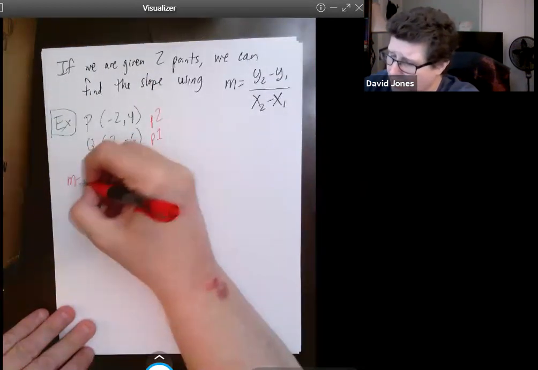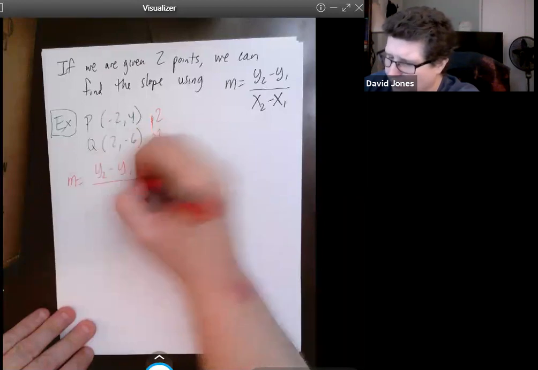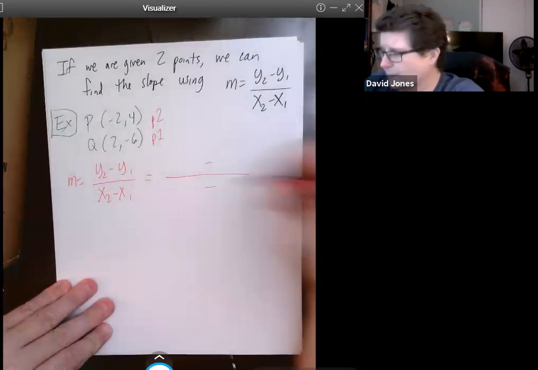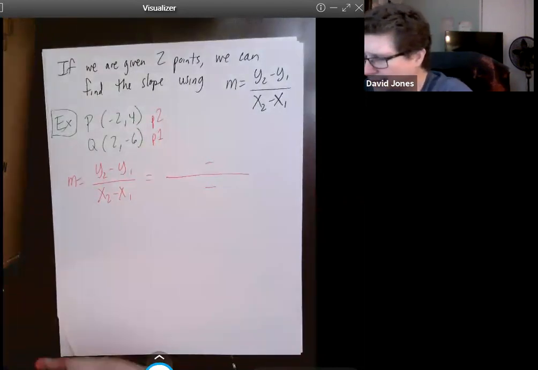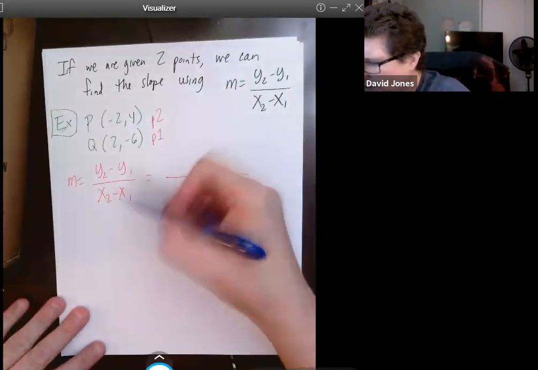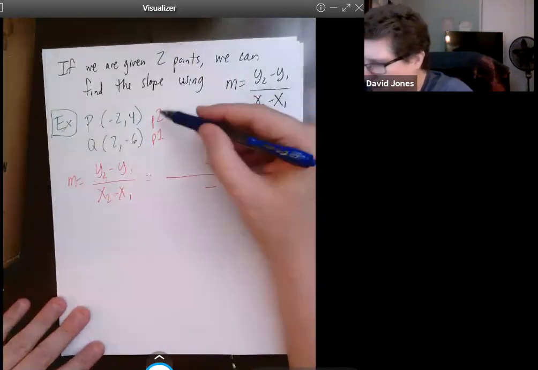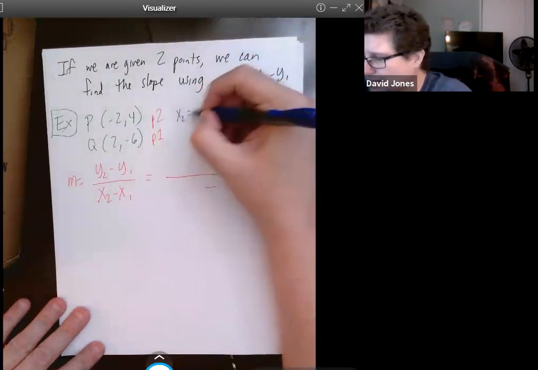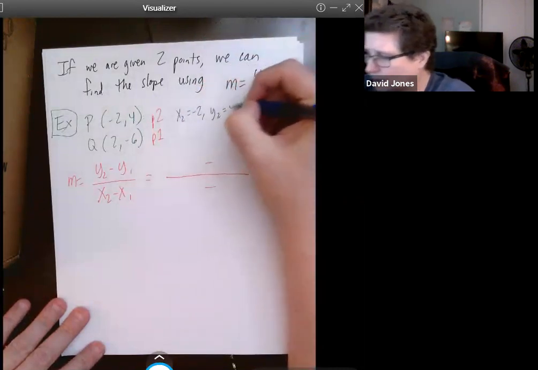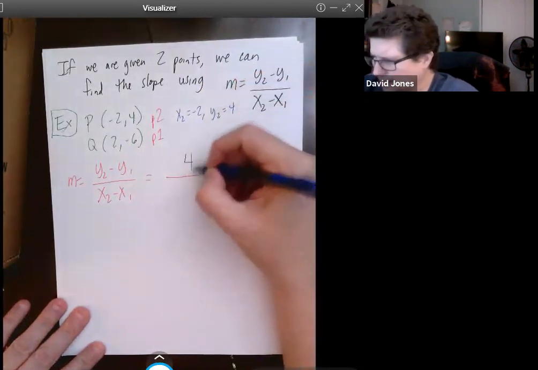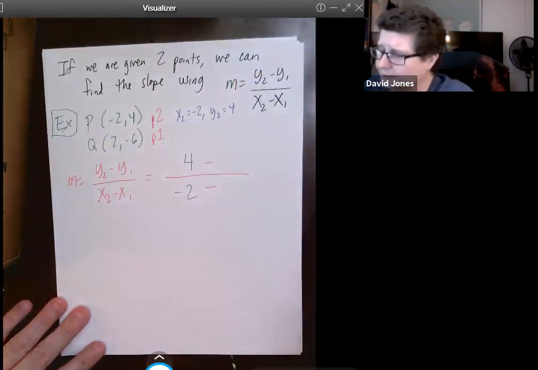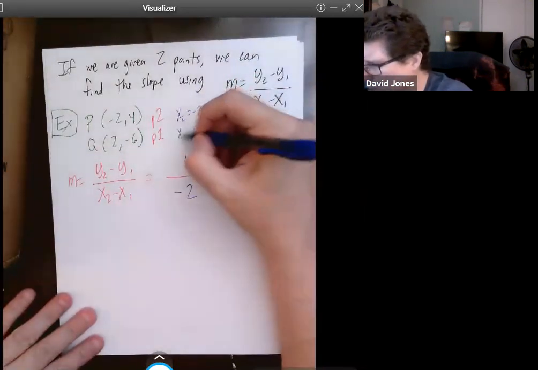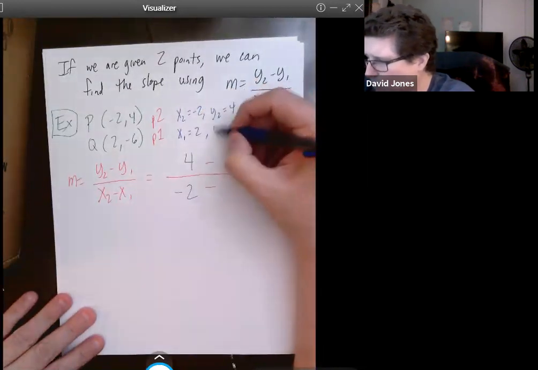So here I've got m equals y2 minus y1 over x2 minus x1. I like putting in the fraction line and the minus signs and then replacing the values one at a time. If P is point 2, then x2 is -2 and y2 is 4. The y2 goes in the upper left, the x2 goes in the lower left. And if Q is point 1, then x1 is 2 and y1 is -6.